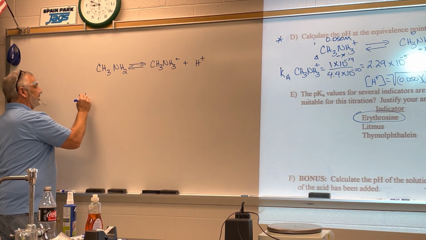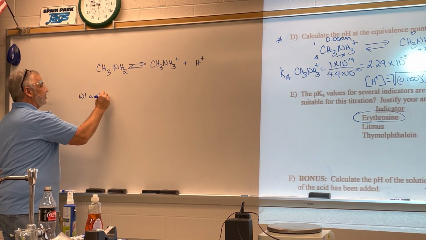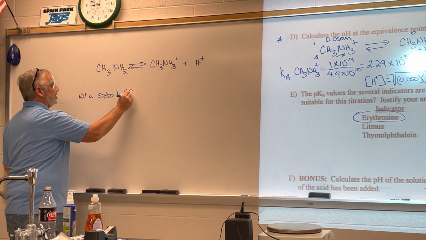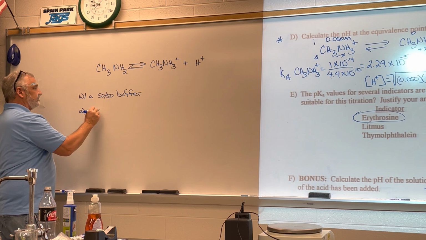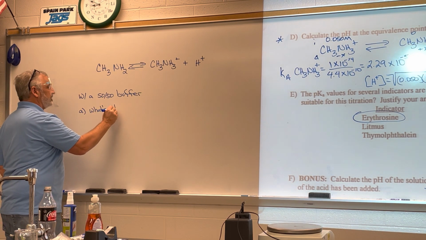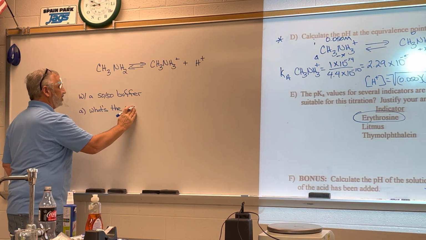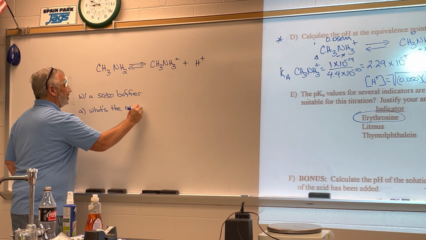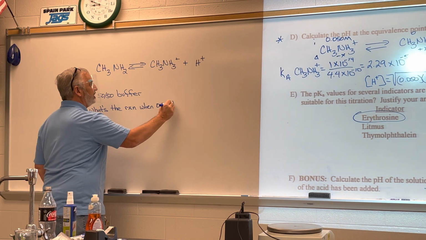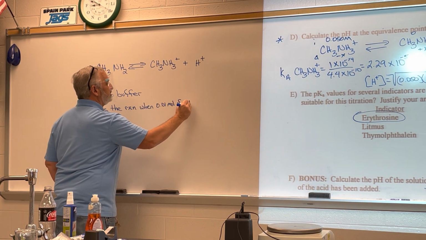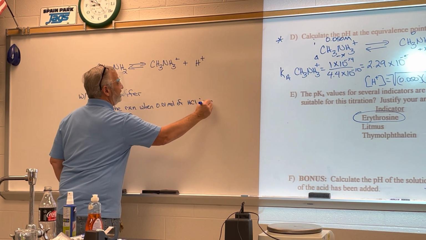So with a 50-50 buffer, what's the reaction when 0.01 mole of HCl is added?